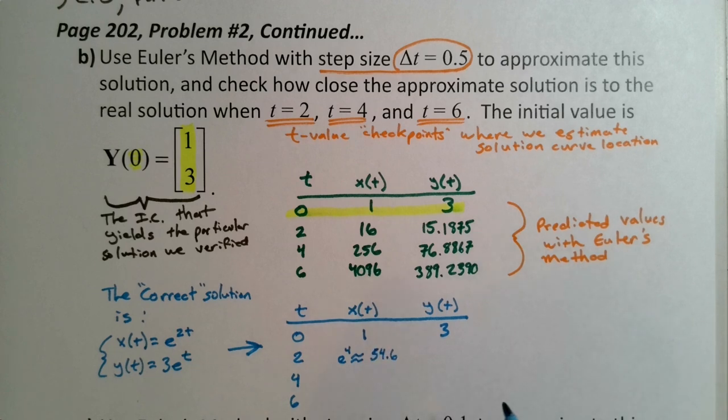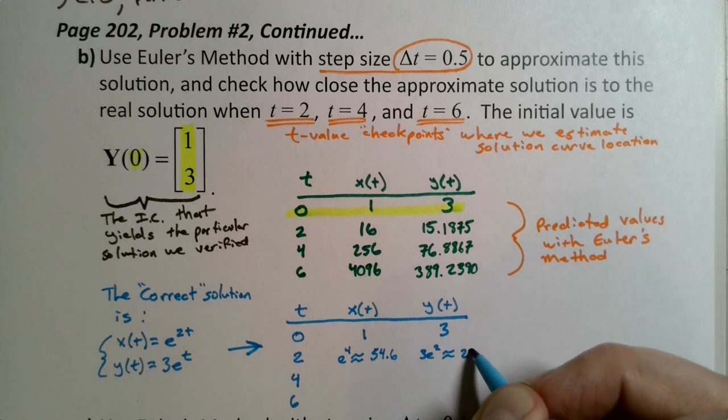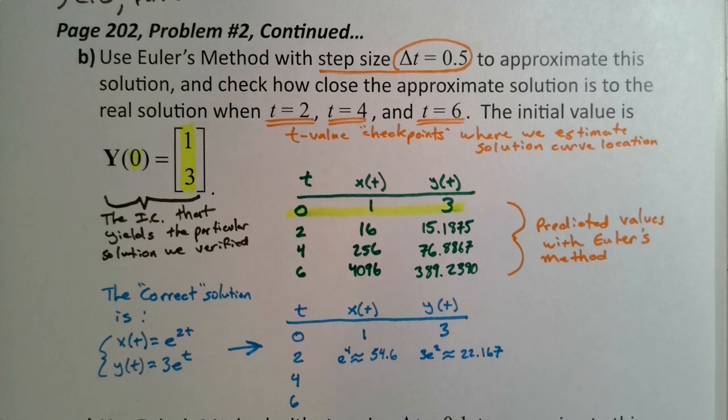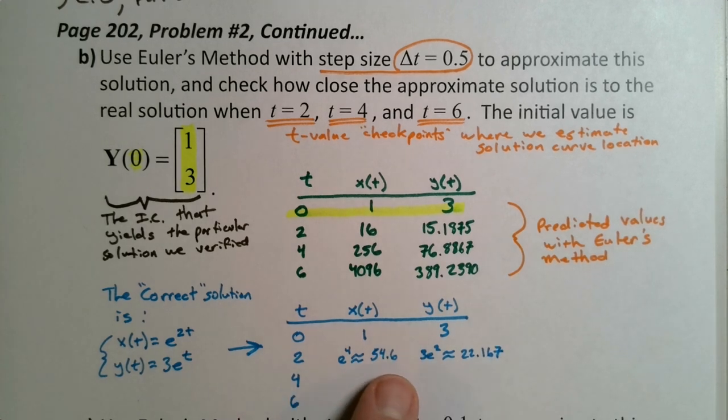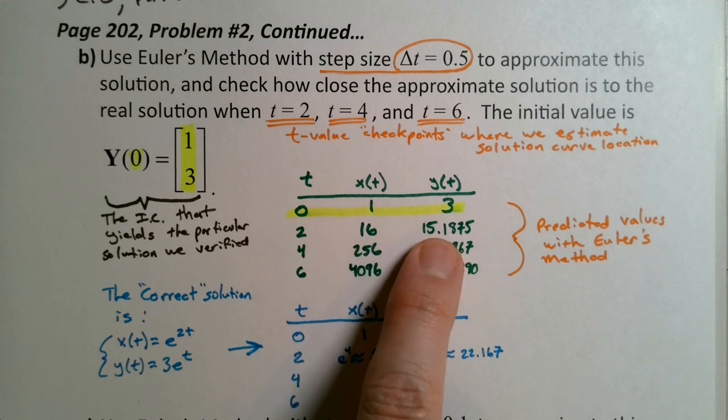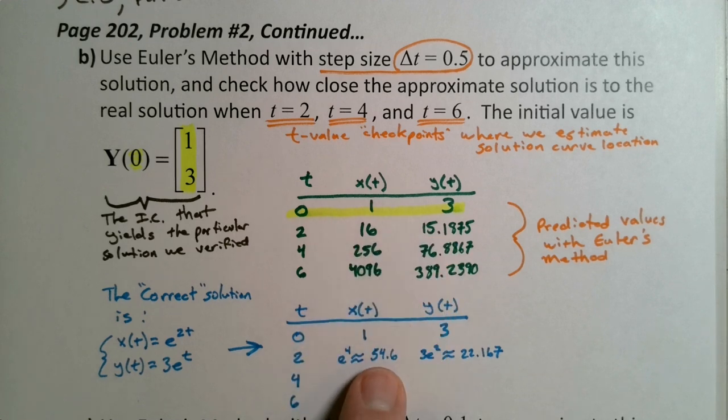We can grab a calculator and come up with that. And 3 times e to the 2 is roughly 22.167. Now, take a look. We guessed 16 and almost 16. This is 54, almost 55, and 22.